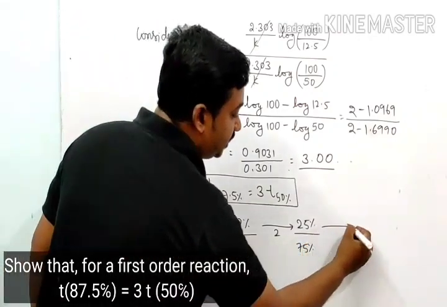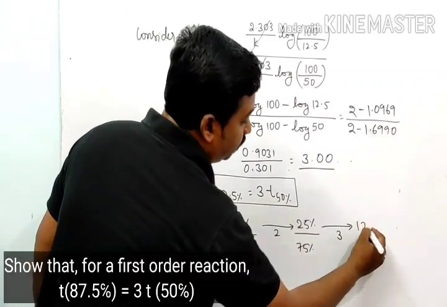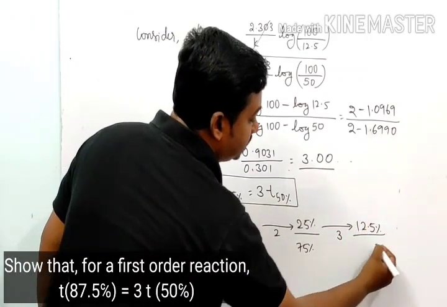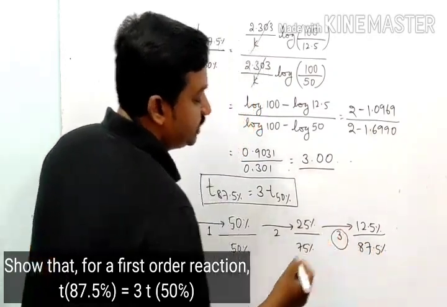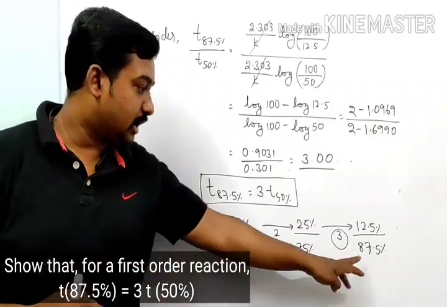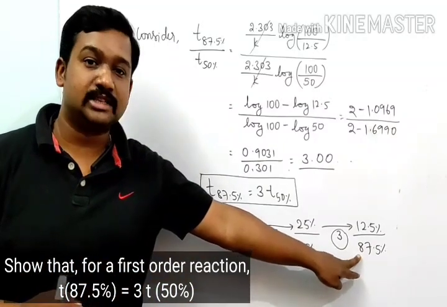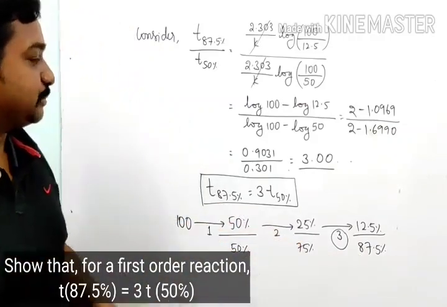For the third time, that is the third half-life, it reduces to 12.5%, which means it is 87.5% completed. That means half-life for 3 times will complete the reaction to an extent of 87.5%. So this is the proof.